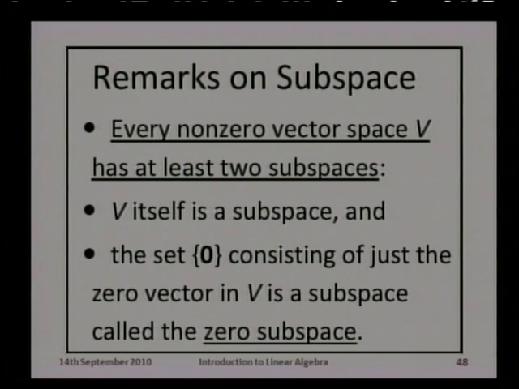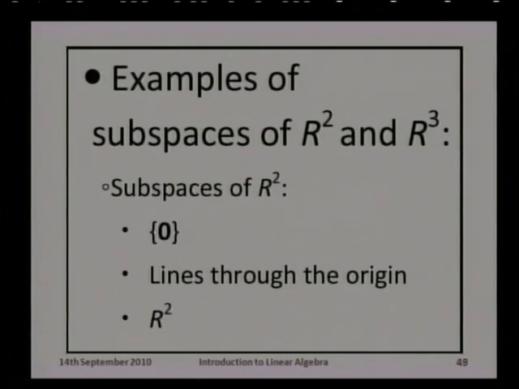These two are certainly there. There can be other subspaces as well inside V, and let us see that with a particular example, the subspaces of R2 and R3.